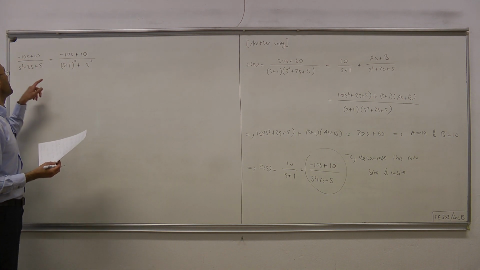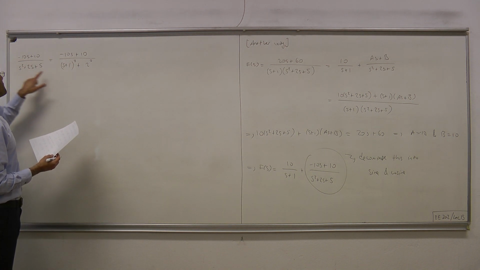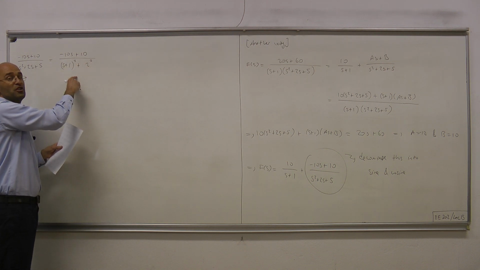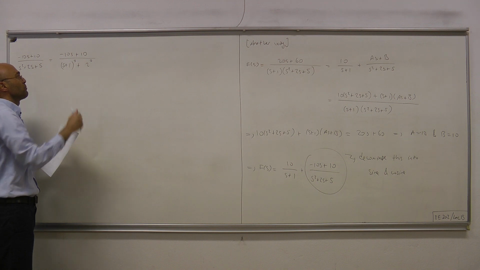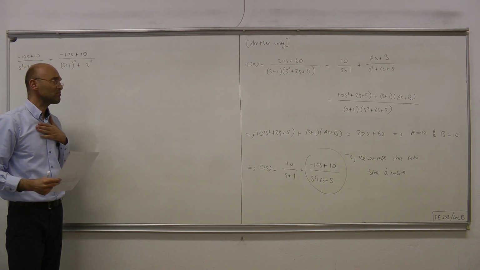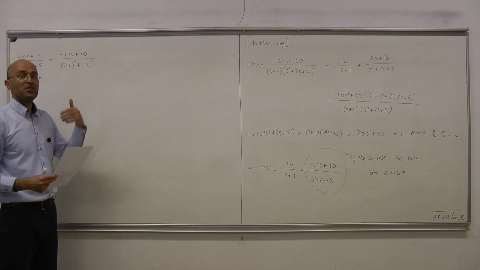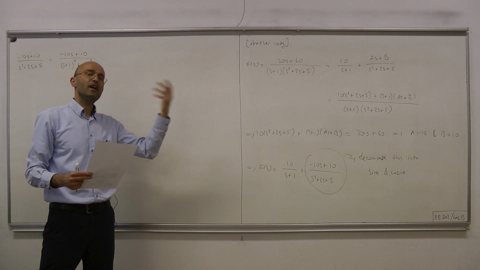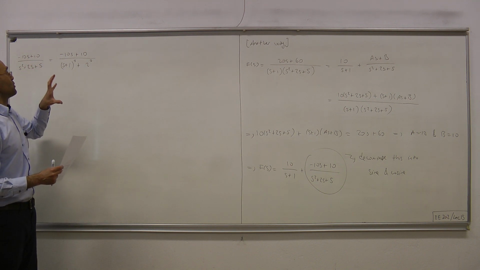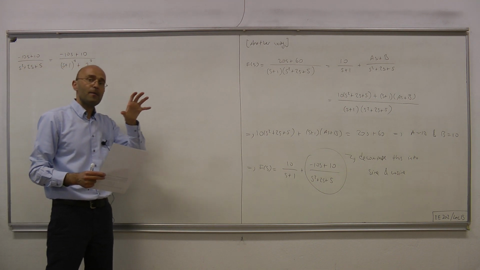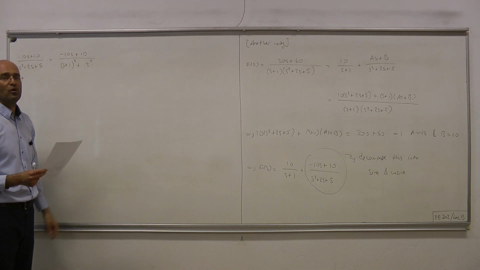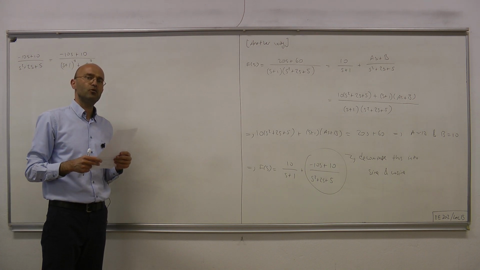Why we have written this in this form is because we are familiar with such a denominator, (s plus alpha) squared plus omega squared, that produces terms like e to the minus alpha t times cosine omega t and e to the minus alpha t times sine omega t. To figure out the portion of cosine and portion of sine that will be coming from this term, we have to study the numerator.